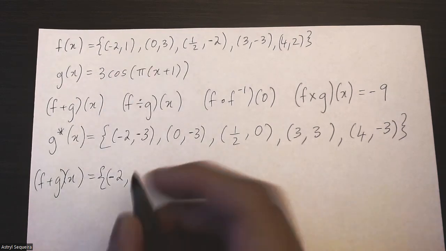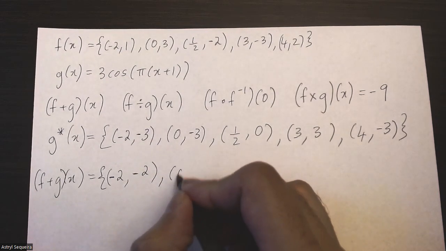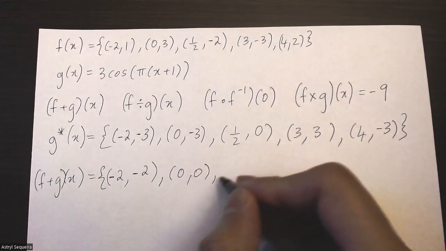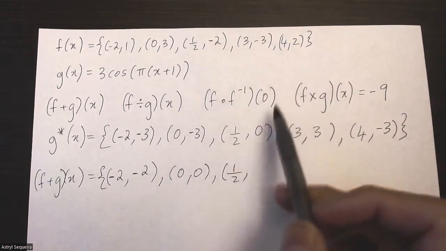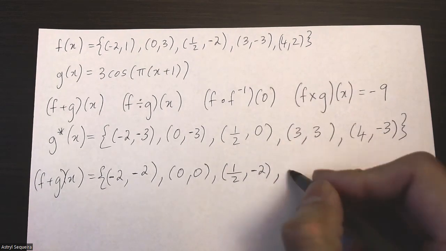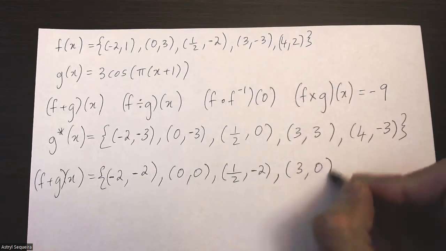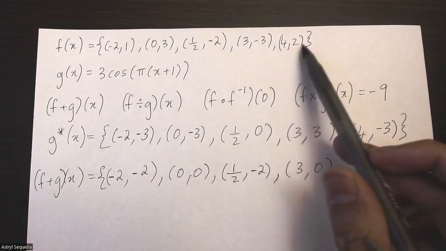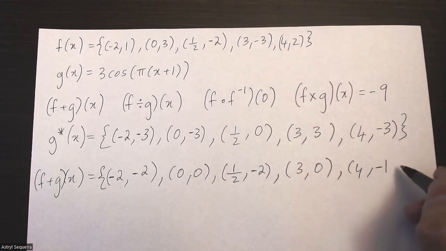So 1 plus -3 is just -2. -3 and +3 just give me 0. -2 plus a 0 is just -2. -3 plus 3 is again 0. And then last point, 4 and 2 minus 3 is just -1.